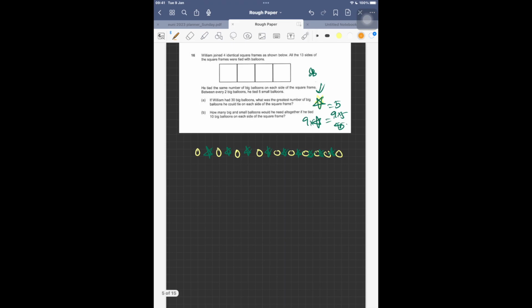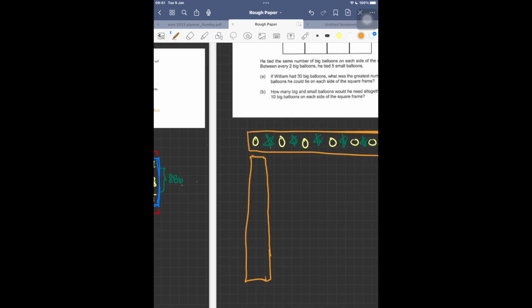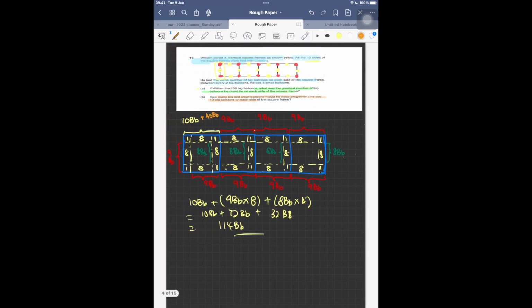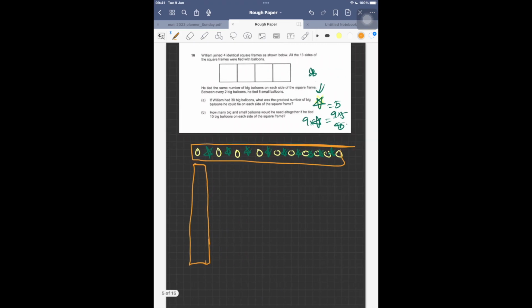Then we come back here. So I know that here is 10, right? Then here I will have 9 big balloons, right? So in here, I will have 9 big balloons. Okay.